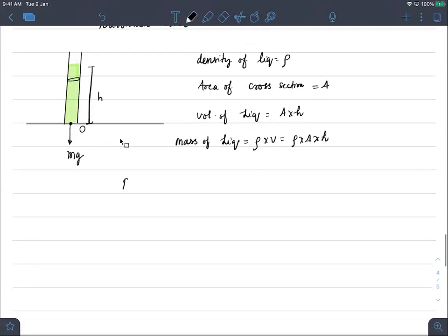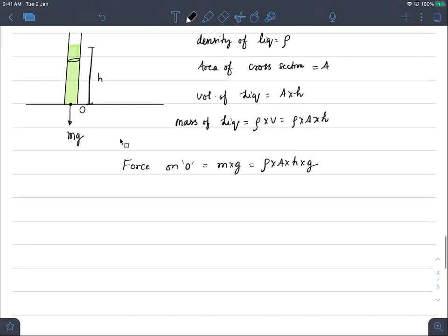And what is the force acting on that point O? Force on point O would be equal to mass into g, which is rho into A into h into g. And what would be the pressure now? Pressure would be equal to force divided by cross-sectional area. So that area term will get cancelled.